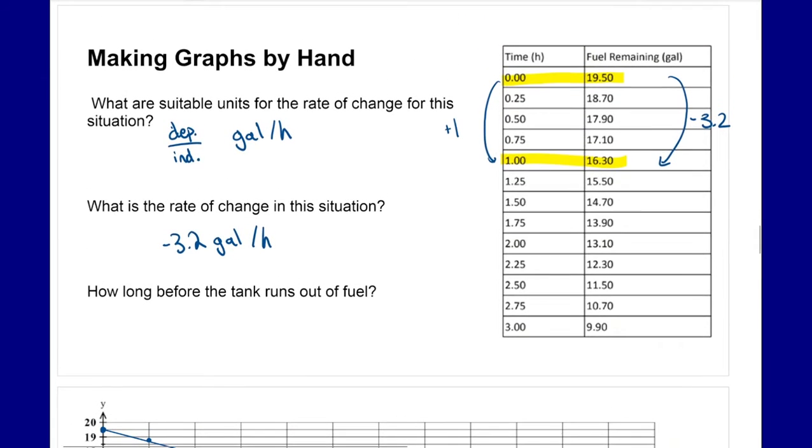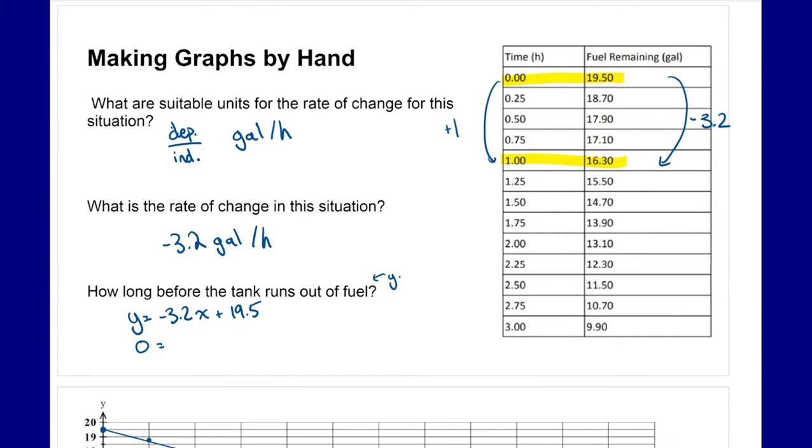is come up with an equation. So here, our equation would be y equals negative 3.2x plus 19.5. Again, where we start and where we finish. In this case, y would be 0 because it runs out of fuel.